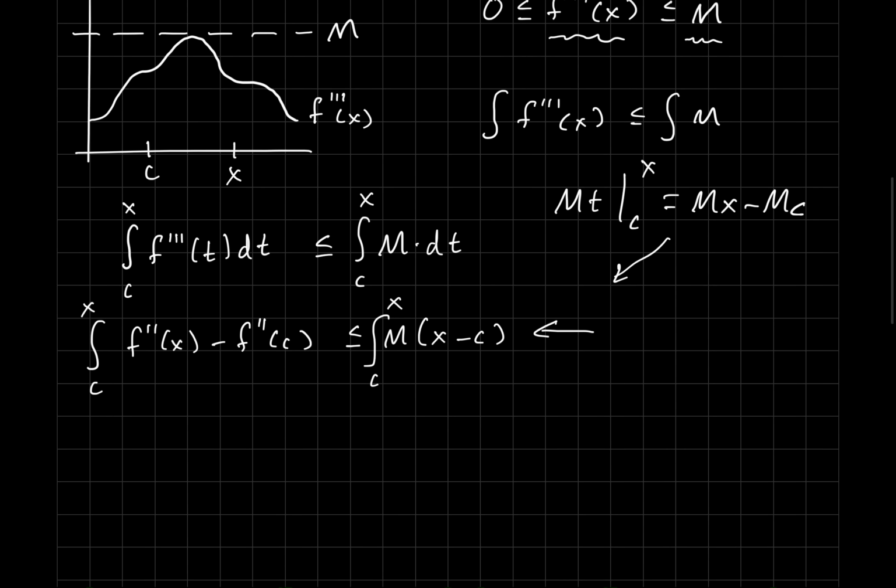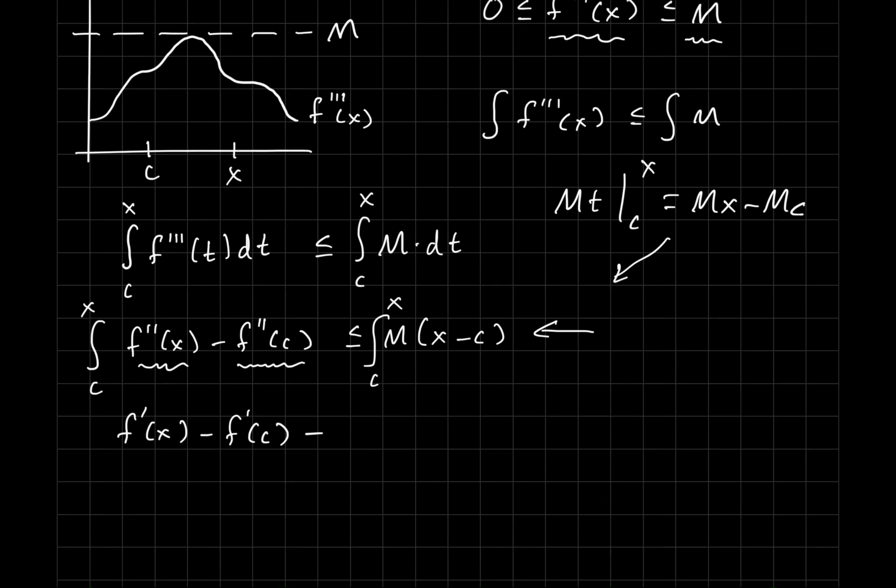The integral of f double prime is f prime, plug in the top limit, minus f prime, plug in the bottom limit. So I took care of that antiderivative. Now minus, let's worry about the second piece.